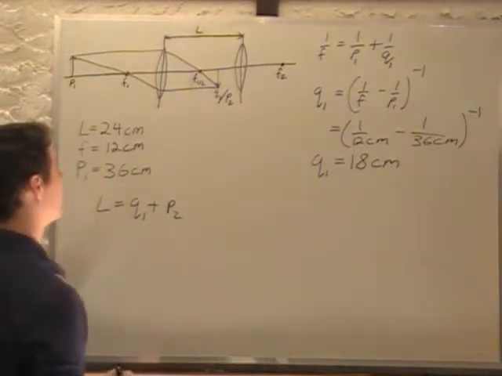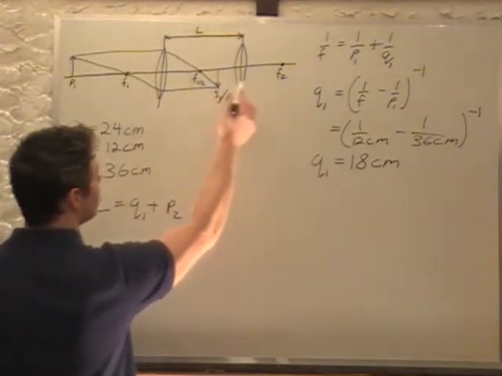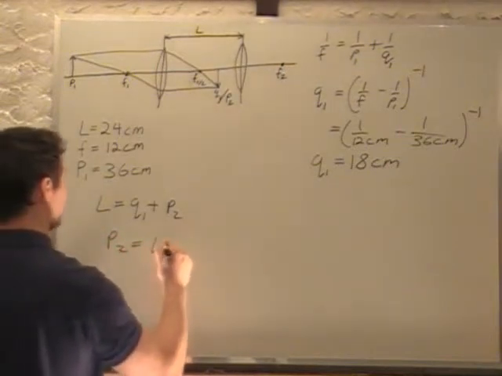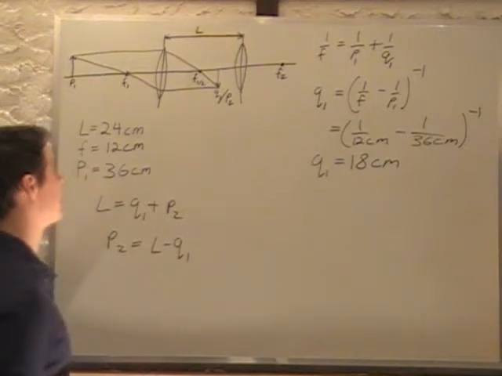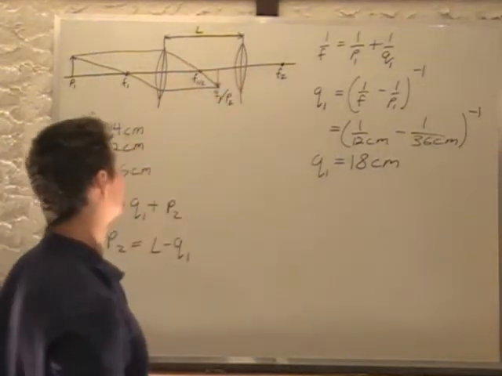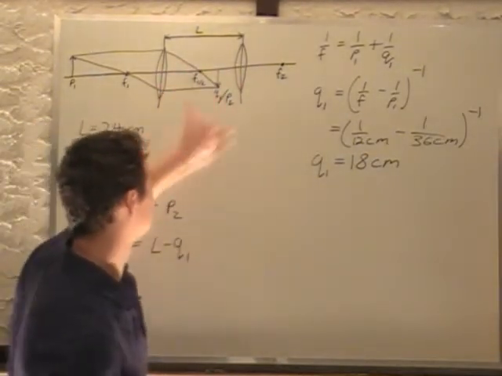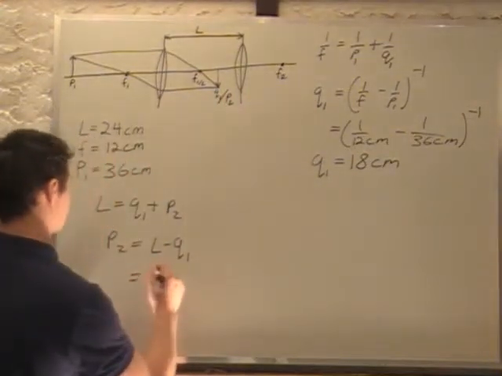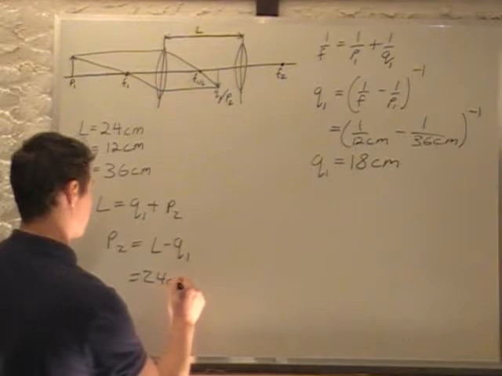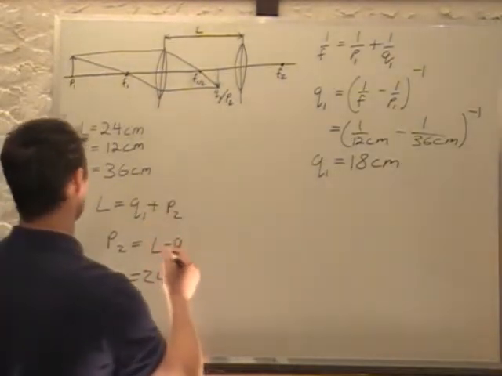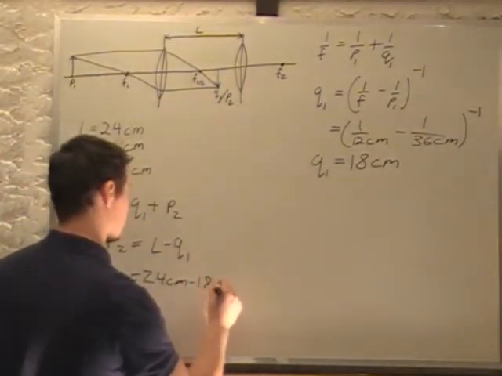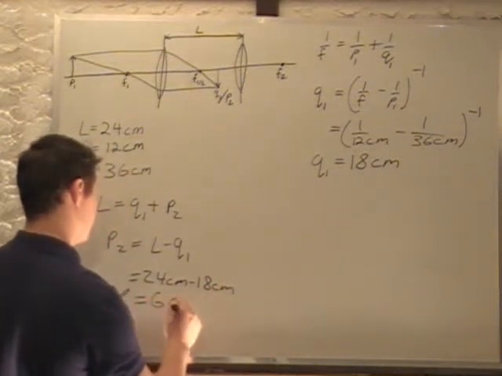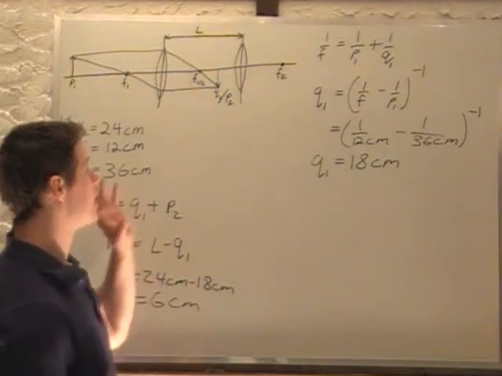So P2 is just length minus Q1, which makes sense if you think about it. If this total distance is 24 centimeters, and this distance is 18 centimeters, the leftover is just P2. So that's just 24 centimeters minus Q1 of 18 centimeters. So P2 is just 6 centimeters. Okay, so we're going to use that in our next equation.